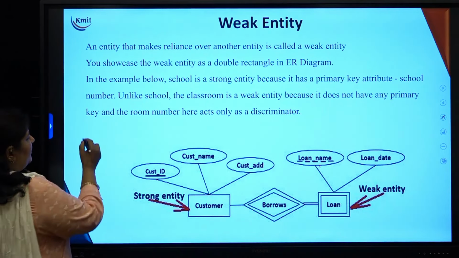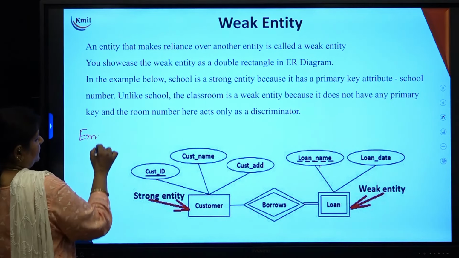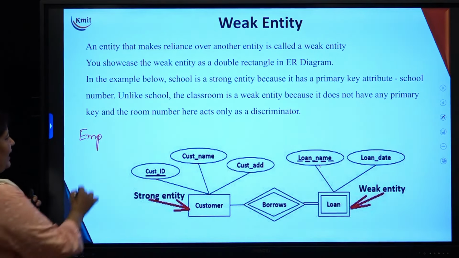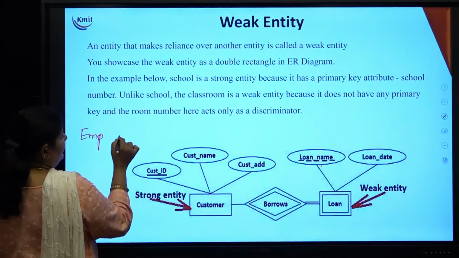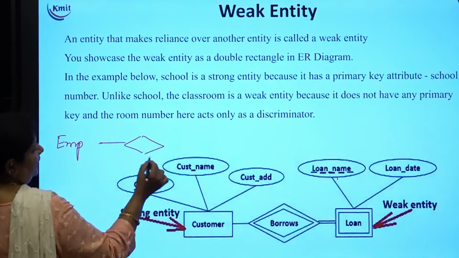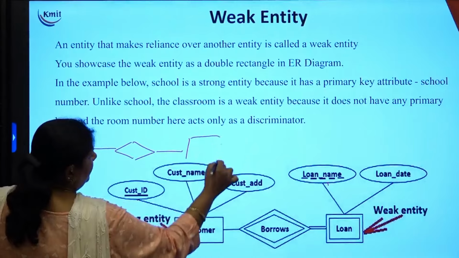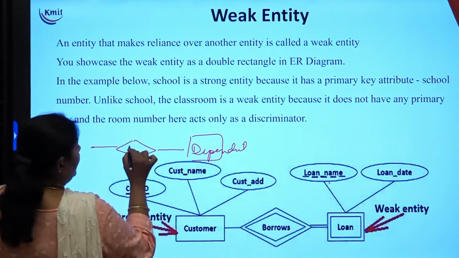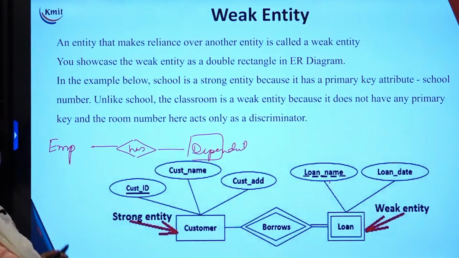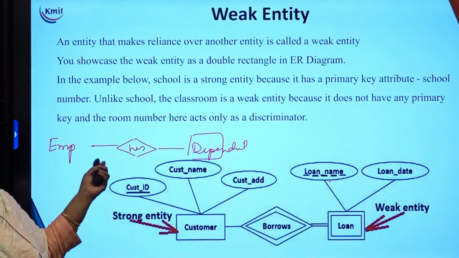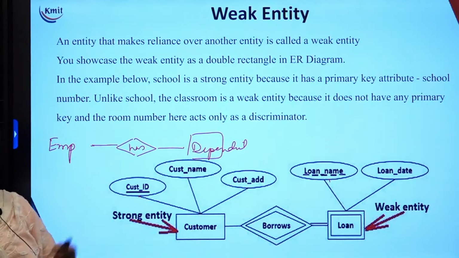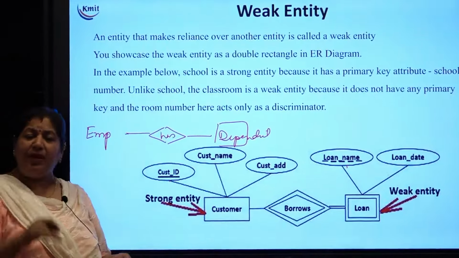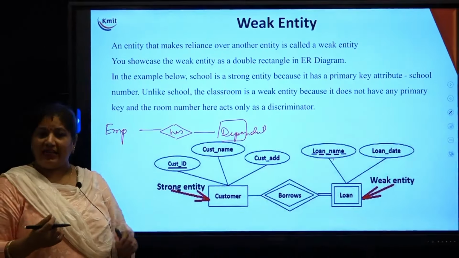Similarly, we can say an employee of an organization has a dependent. This is another example. Maybe the management has decided to give medical facility to all its employees. Then their dependents, that means family members' details, also have to be collected and stored.